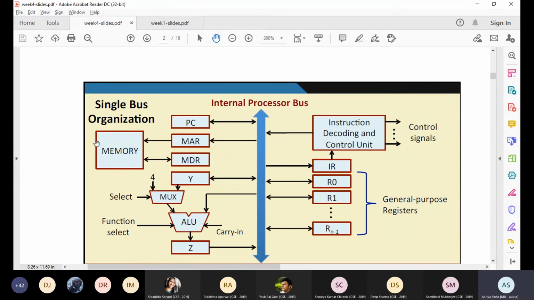From this memory unit, you have a bidirectional bus connection with MDR, and you have a unidirectional connection with MAR. Can anybody explain why this is happening on the left side?